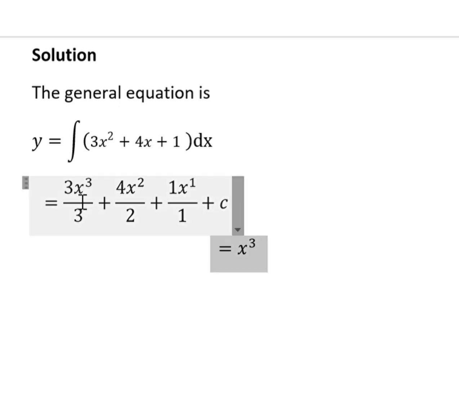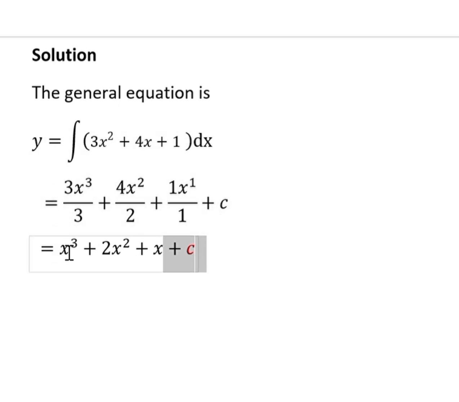Then plus this gives us 2x squared plus x. Sorry, plus c, because that's our constant. Now that means y is equal to x cubed plus 2x squared plus x plus c. c is the one that is remaining to make the equation complete.